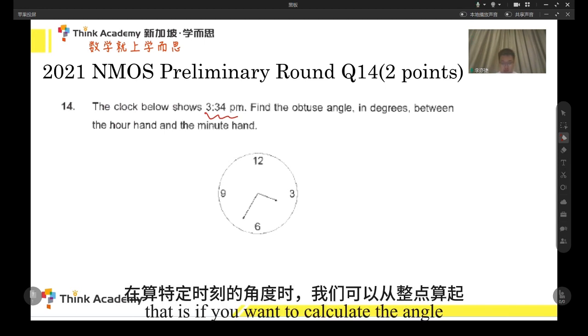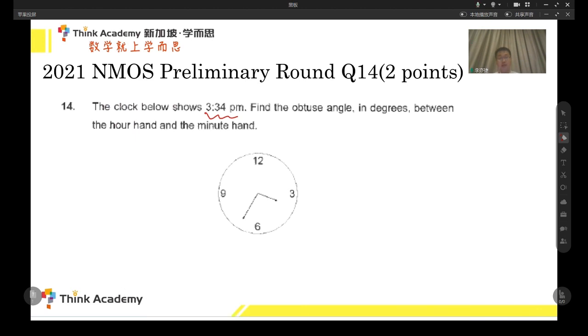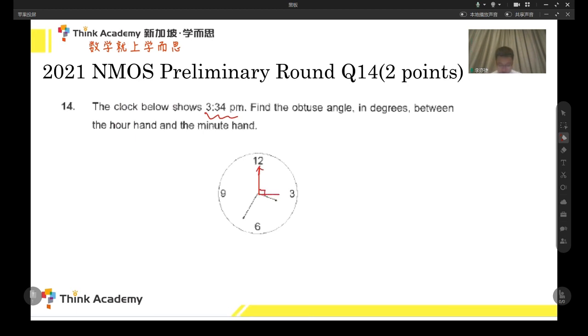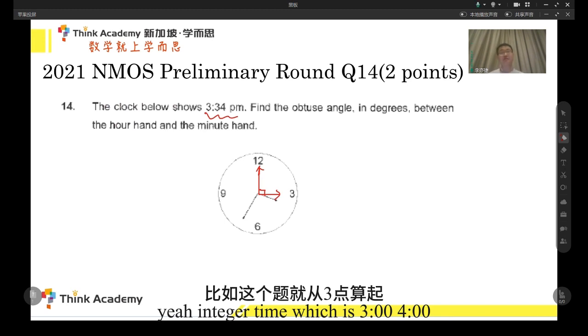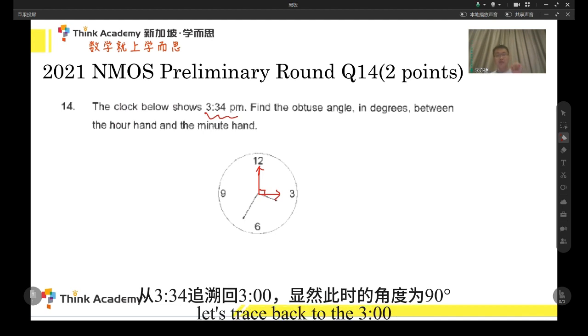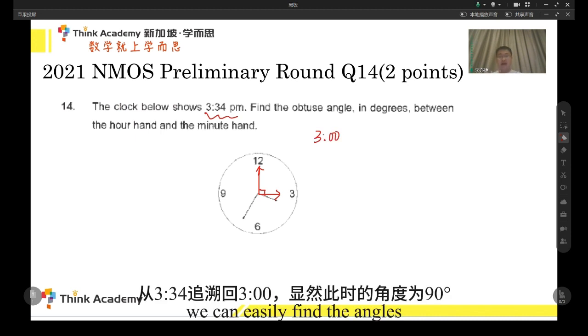That is, if we want to calculate the angle, we start from an integral time, which is 3 o'clock, 4 o'clock, or like that. So the time is 3:34. Let's trace back to 3 o'clock. At 3 o'clock, we can easily find the angle formed by the minute hand and hour hand, right? So it's 90 degrees.